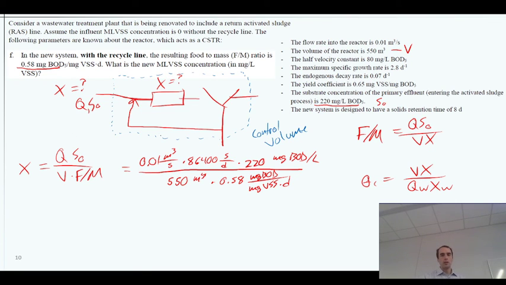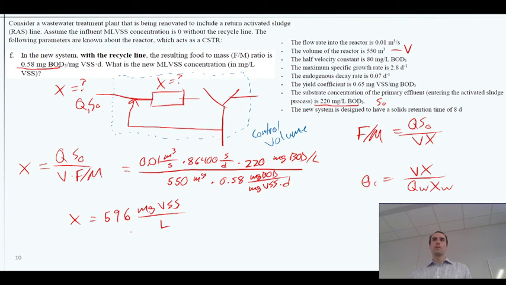Essentially I took the food to mass ratio equation, divided both sides by the F to M and multiplied both sides by X to get a solution for X. So we do that, and if I'm remembering correctly, and somebody can correct me if I'm wrong, this should be 596 milligrams VSS per liter.